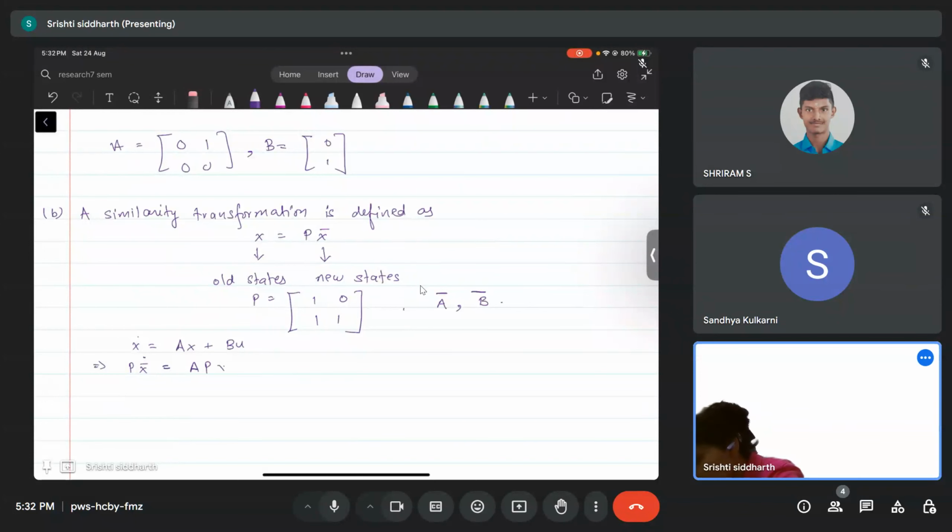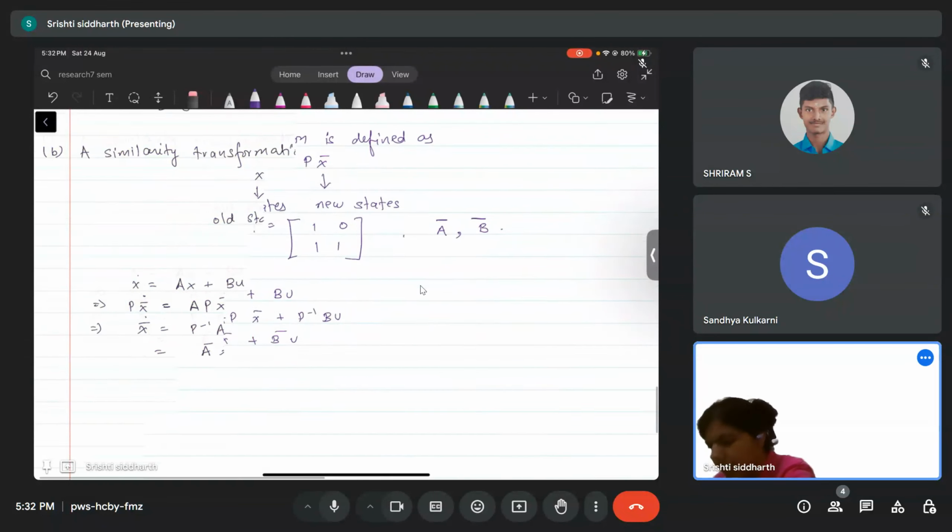This is going to be P x bar plus B u. Now we multiply by P inverse and we get P inverse A P x bar plus P inverse B u. This is A bar x bar plus B bar u.